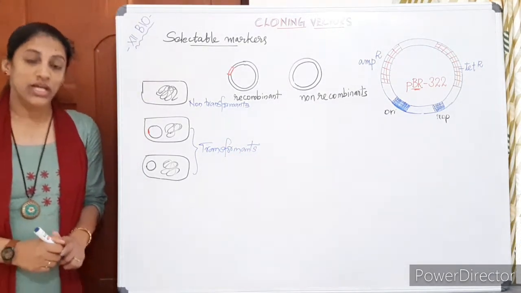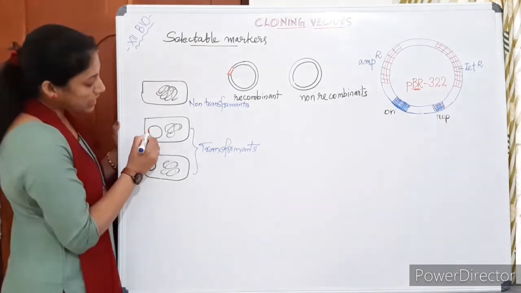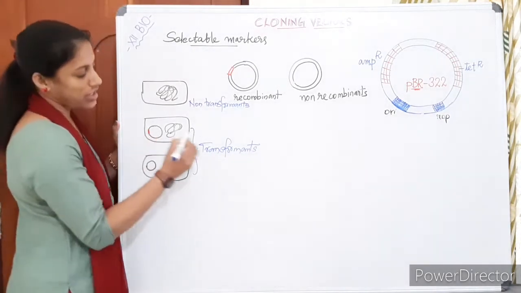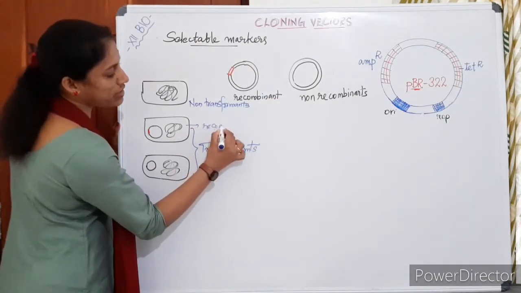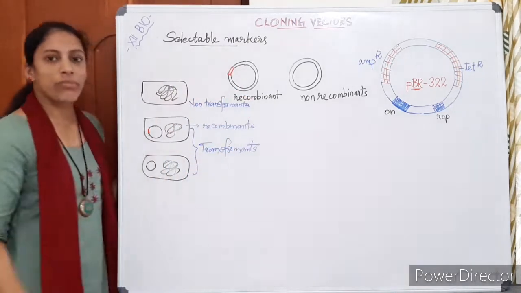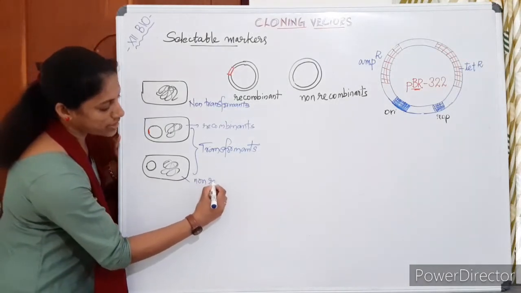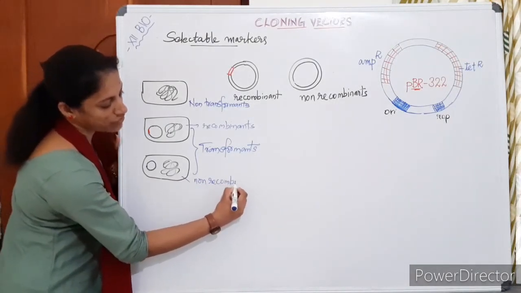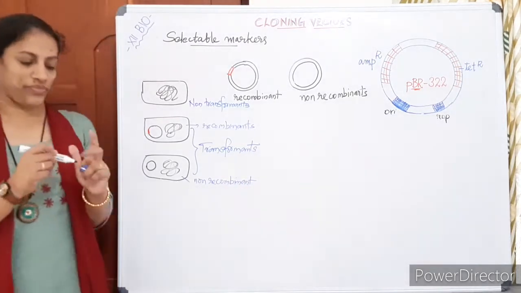Did you get me? Then the bacteria which receive recombinant DNA are among the transformants. We can say these are recombinant transformants. They got recombinant DNA, whereas these are non-recombinant type. They have got non-recombinant DNA.